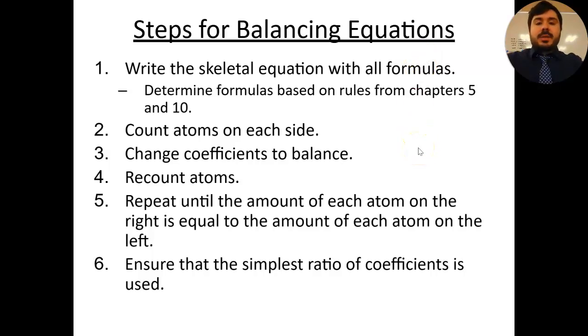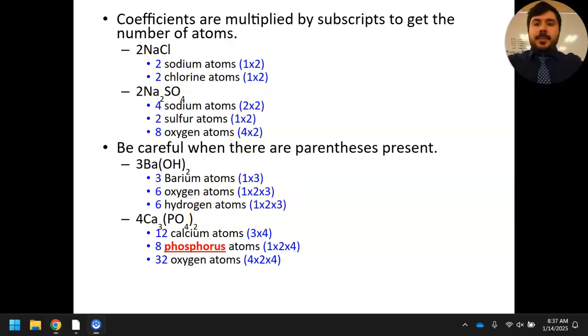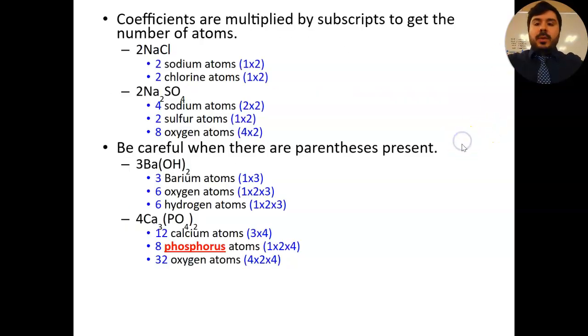When I saw you guys last, we spent a lot of time looking at how to count atoms of individual formulas. So when I had you look at an example like 4Ca3PO4, our main goal was to confirm how many atoms we have of every one of these pieces. How many calciums? 12.